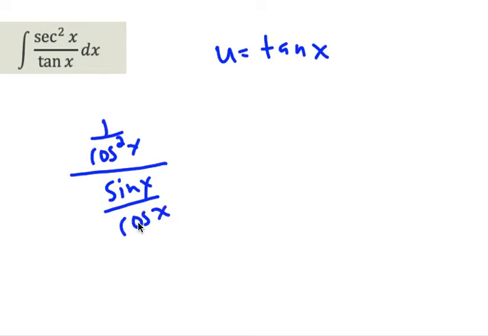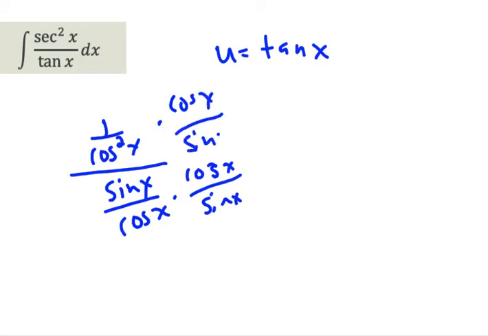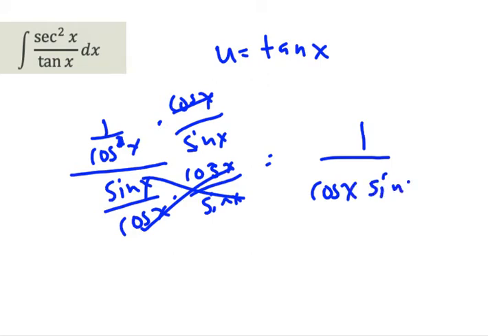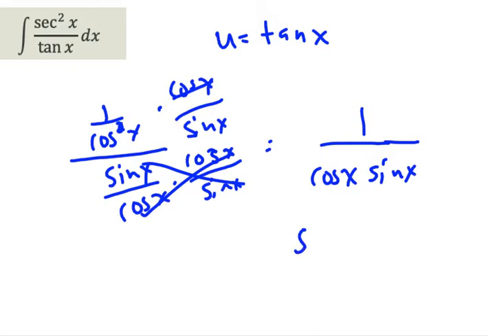So if we try to simplify this, multiply by cosine x over sine x, same thing up top here, these are gone. This is gone with one of these, so we're left with 1 over cosine x sine x, which is the same thing. 1 over cosine is secant x, 1 over sine is cosecant x.